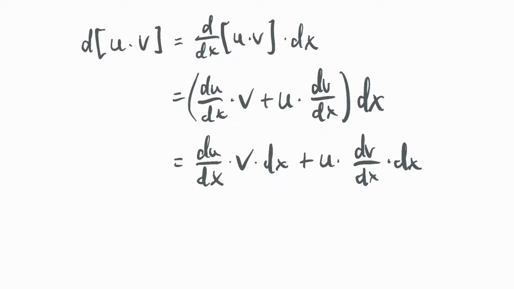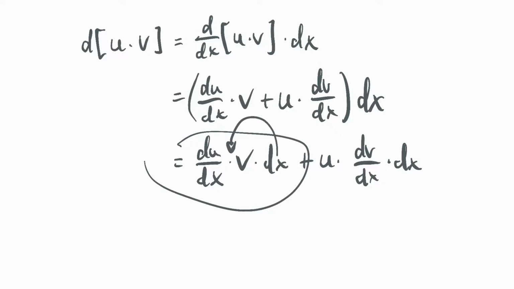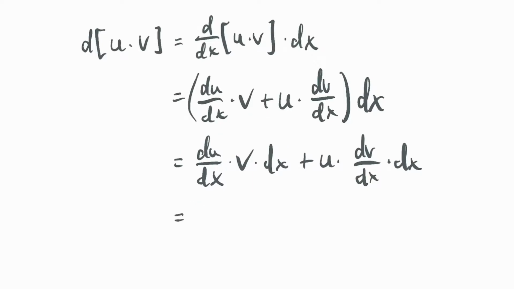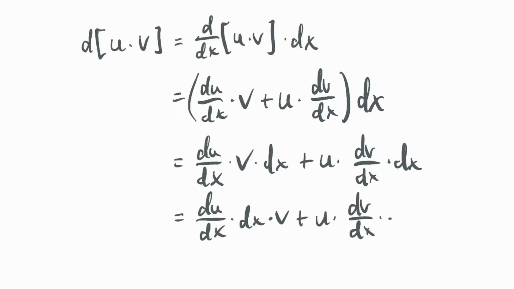This is the order that I want the factors in, but this one, I don't like the order. I'm going to move the dx in between the du/dx and the v. So this is du/dx times dx times v plus u times dv/dx times dx.